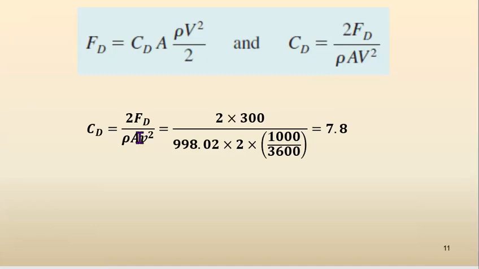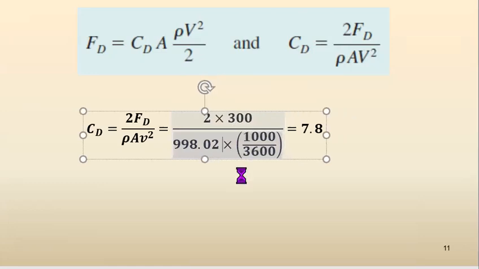V is the velocity, it's not a specific volume, it's a velocity in here. 2 times 300, density is 998.02, and times 1,000, because it was 1 kilometer per hour, 1,000 per 3,600, so I changed it to meter per second, and the result is 7.8. This is a dimensionless coefficient. And A, again, is the frontal area.